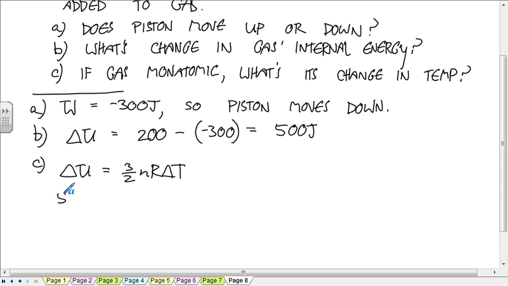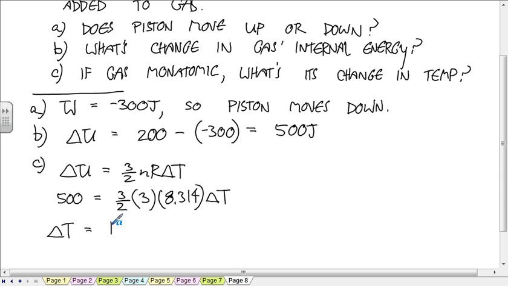And so 500 is equal to 3 halves times 3 times 8.314 times delta T. So what do you get for delta T? 13.37 degrees Celsius or Kelvin. We're talking about a change in temperature, so Kelvin and Celsius are the same. Any questions about that?